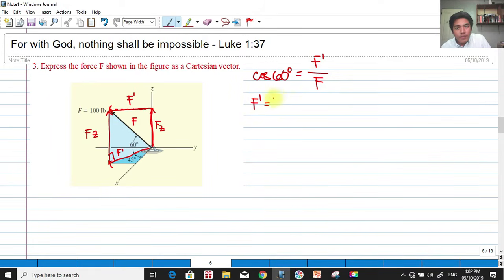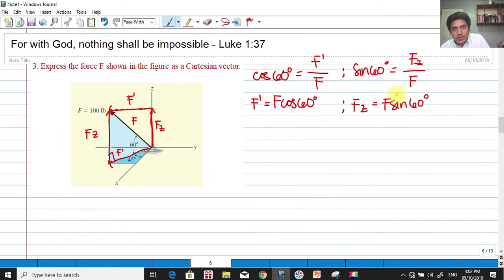I can get F prime as F cosine 60 degrees. And if I'm going to get the sine function of 60 degrees, what will happen? Opposite, F sub z, over the hypotenuse, which is F. So in other words, I can get F sub z as F sine 60 degrees.